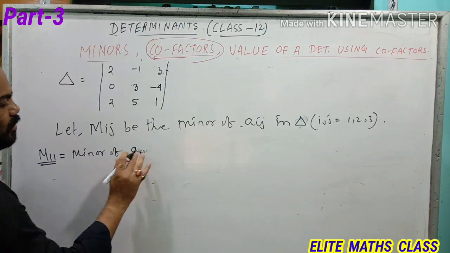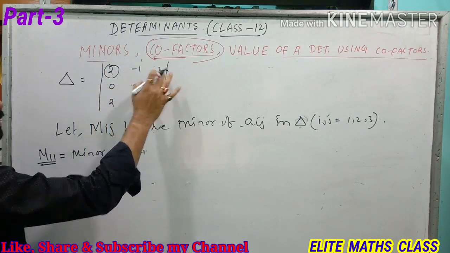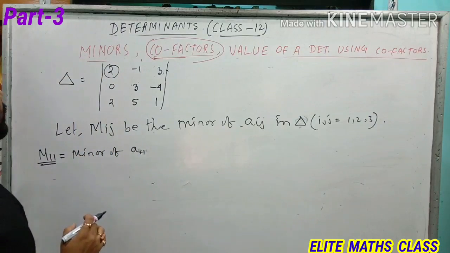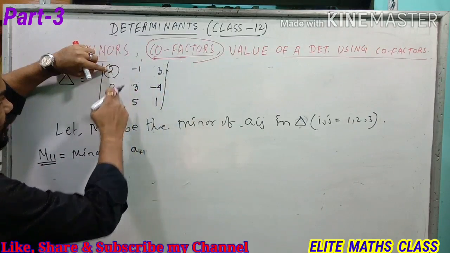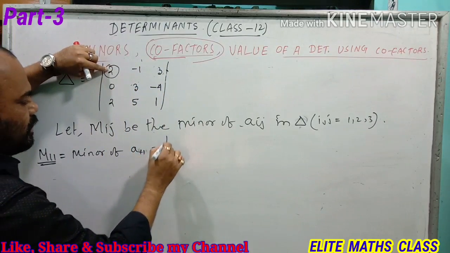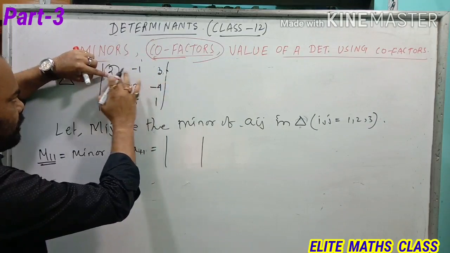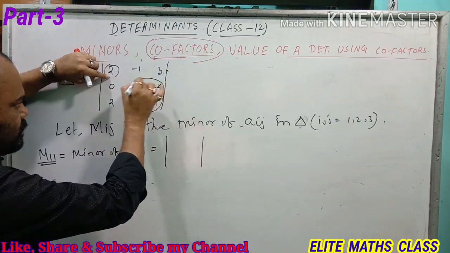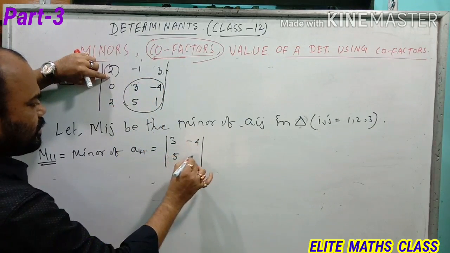Minor of A11. A11 means this position. 11, 12, 13. So M11 means minor of A11. Now see, this element lies in the first row, first column. You delete the first row and first column, then what remains? These 4 elements: 3, minus 4, 5, 1.